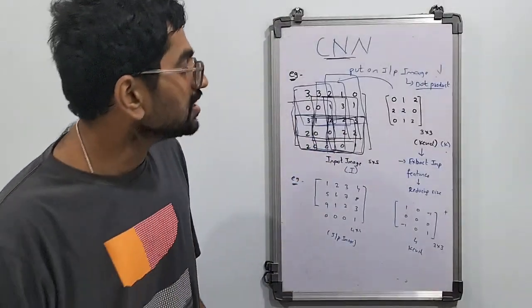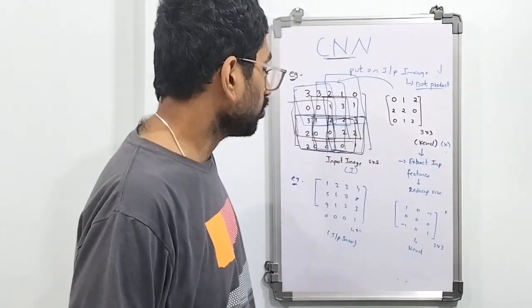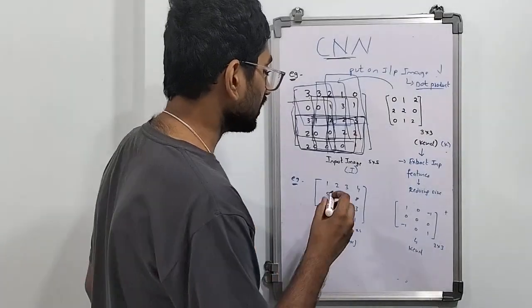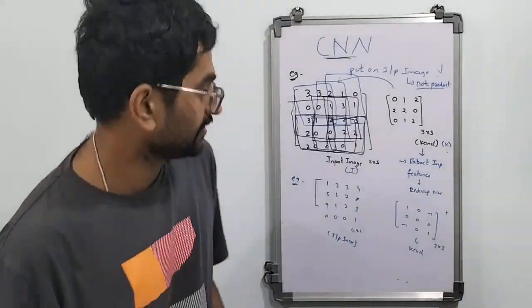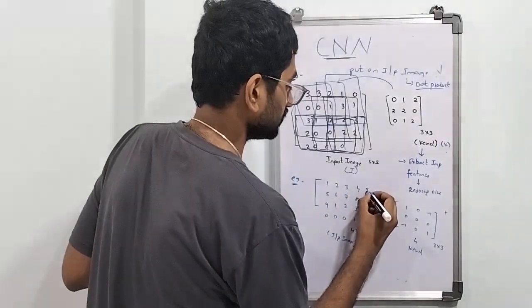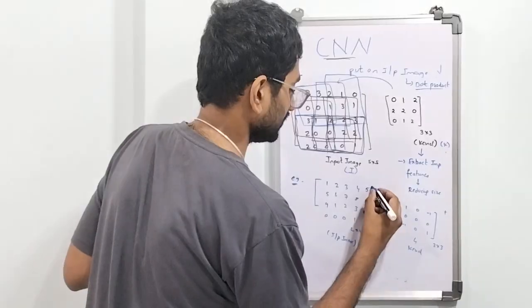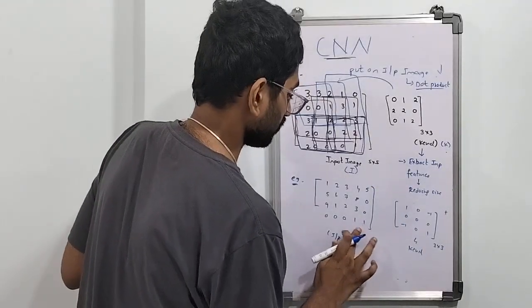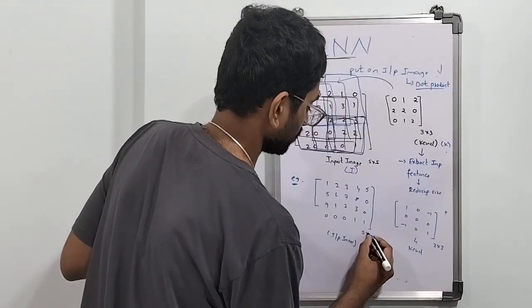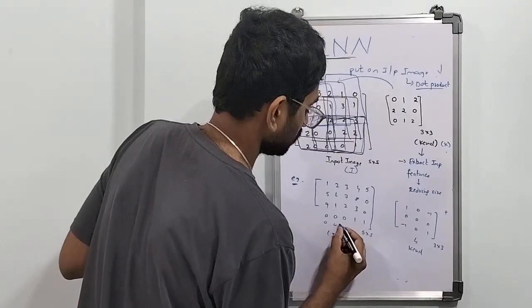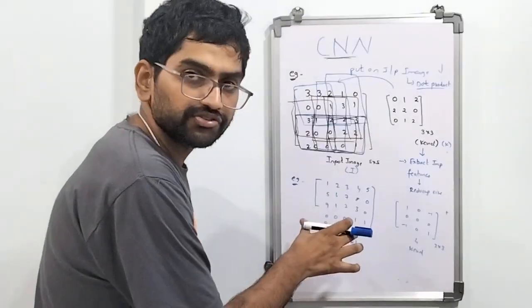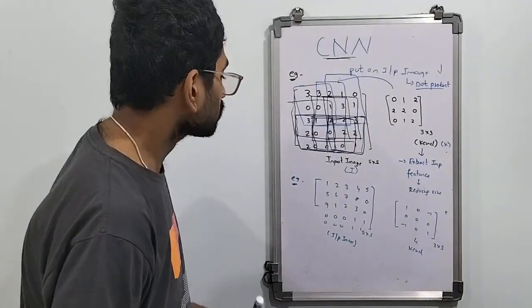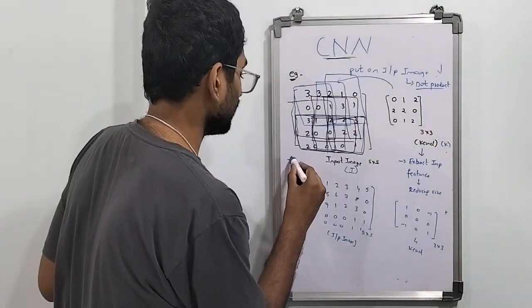But by using the stride, what you can do is, let's say here you have selected this, I'll add one more layer, let's say 5 0 0 1. Let's say this is a 5 cross 5 matrix. Here also adding 0 0 0 1 1. So now this is the 5 cross 5 matrix, right? So what does this concept of stride do? Here I'll write stride.